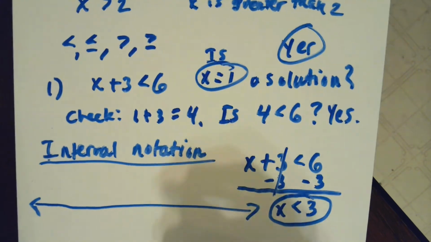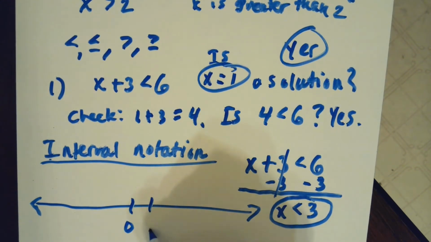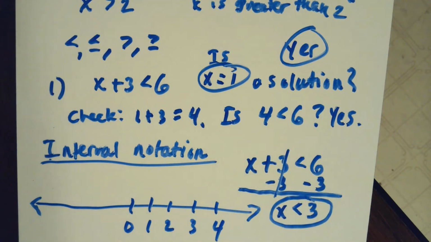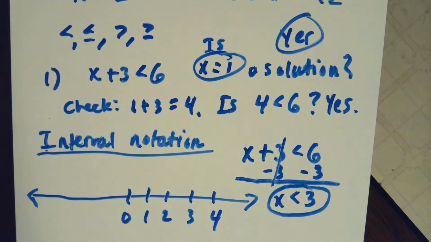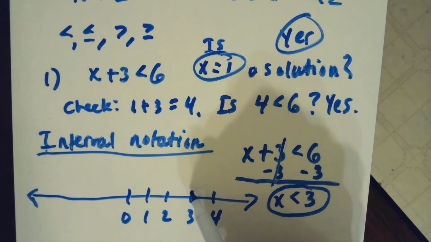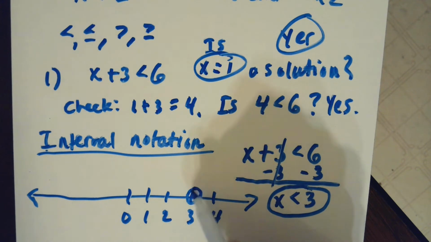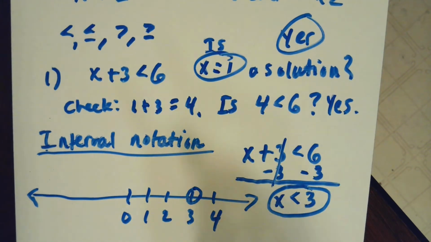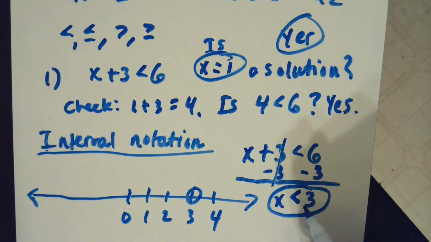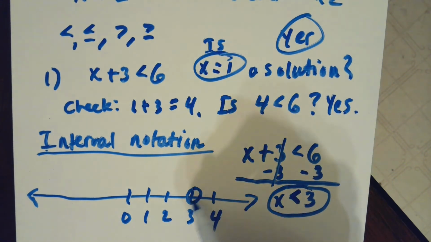And now I'm going to draw this on the number line. We'll have 0, 1, 2, 3, 4. Now I'm going to mark off on the number line where x will be less than 3. I put an open circle there because we do not have an equals. If we did have an equals here, I would have filled in that circle.